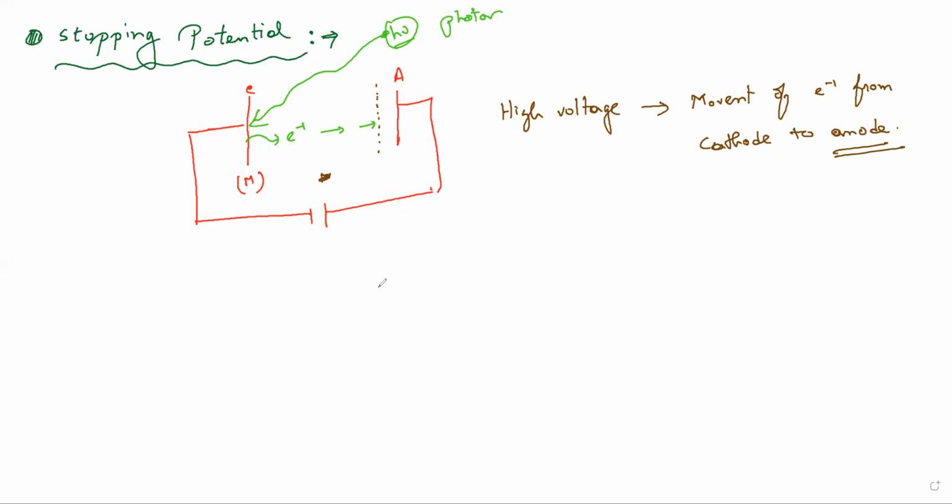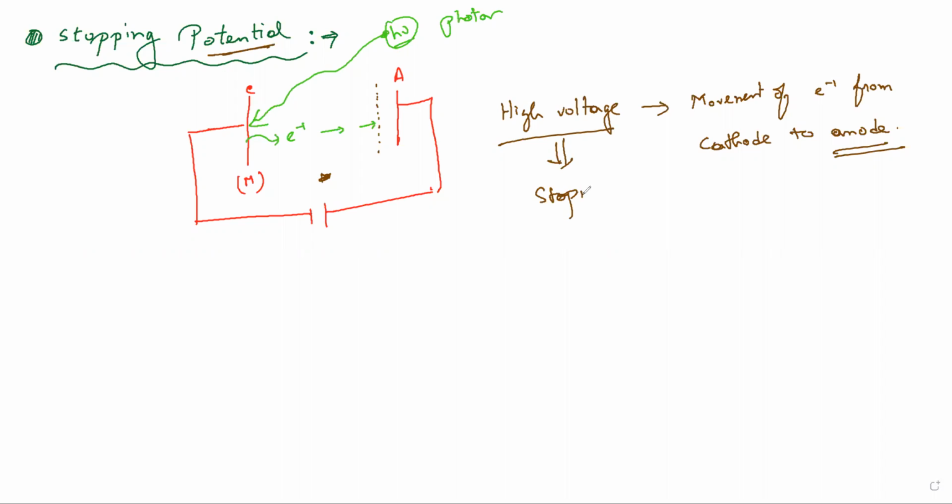Okay, and potential basically means voltage. This high voltage is called stopping potential.